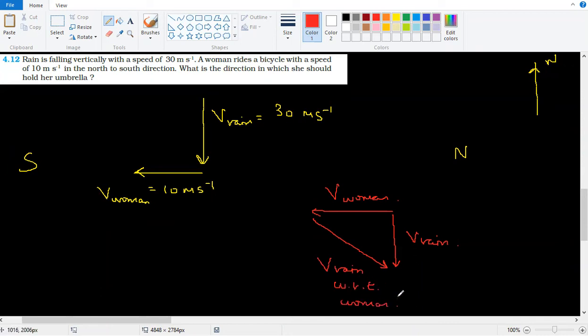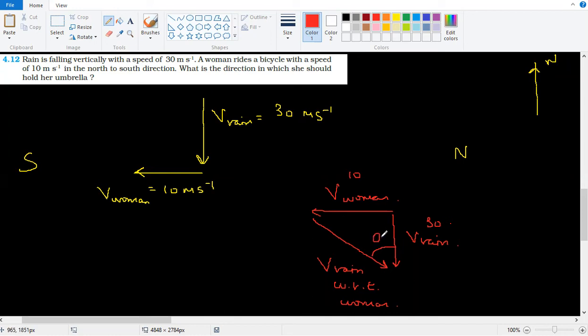I told you, final minus initial. So when the arrow comes here, this is final, this is initial, with respect to woman. So we are doing vector subtraction, right? We are not doing vector addition. And this is 10, this is 30. So using this, you will be able to find the angle. So the woman should be holding the umbrella in this direction.